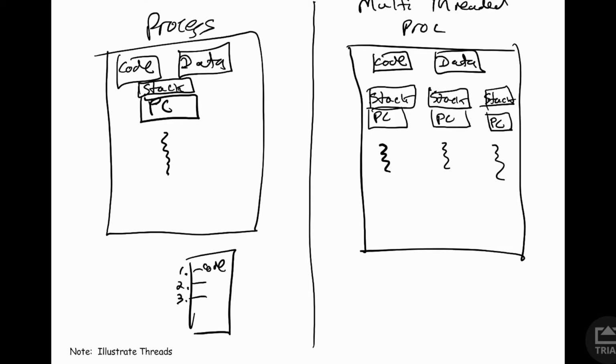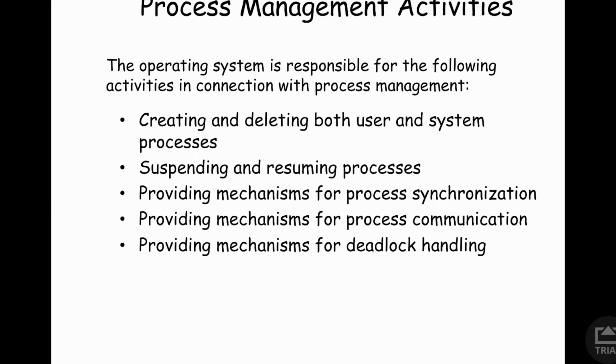If it's not multi-core, this process will take its unit of time on the processor and share it among these threads. And it's used in particular if you have a lot of I/O operations in your program so that you can continue to make full utilization of the CPU during that period of time in which your process has use of the CPU. Okay? All right.